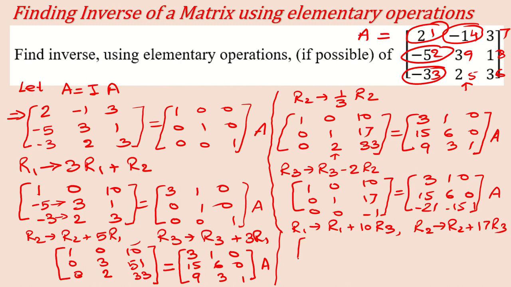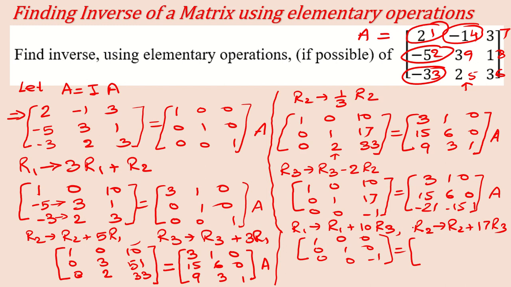So this will be 1 0 0, 0 1 0, 0 0 minus 1, equals R1 plus 10R3. 10R3 means minus 210, minus 210 plus 3. Why are we getting such a big number here? But it's okay, just check the calculation.